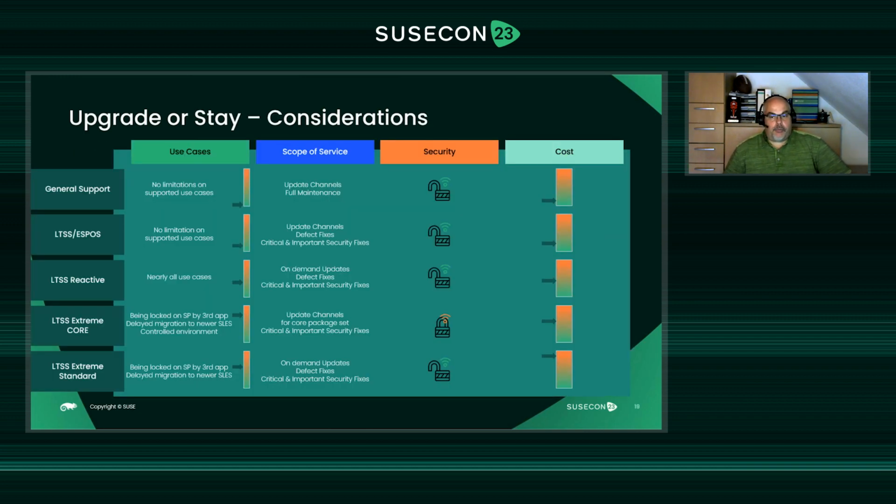Let me summarize the key points we've discussed, making it a little bit easier for you to make your decision. We have explored various dimensions, including use cases, scope of service, security considerations, and cost to help you make informed decisions.